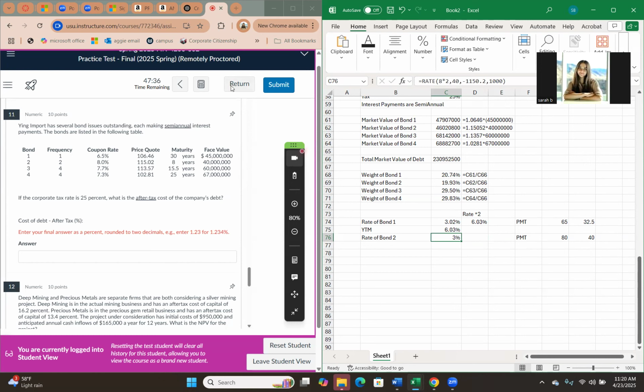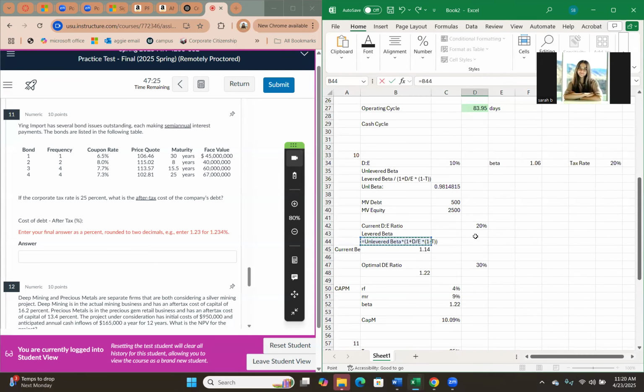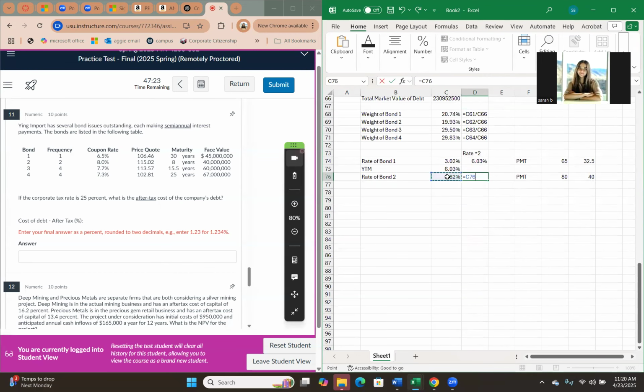And I'm going to bump this decimal out. 2.82. Then we're going to multiply it by 2. Rate equals this times 2 gives us our rate. So let's turn that into percentage. 5.64. Sweet. So yield to maturity is 5.64.